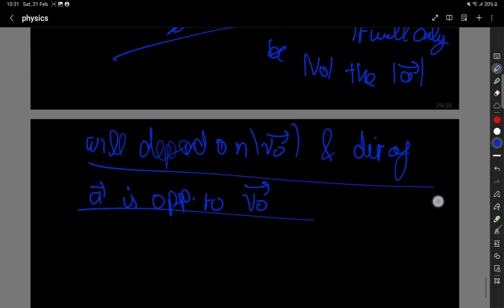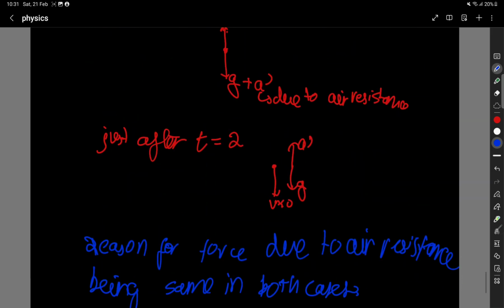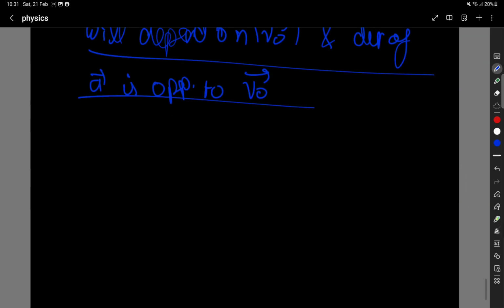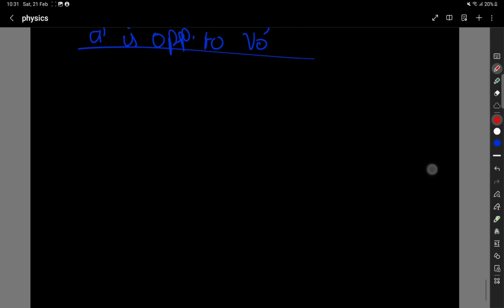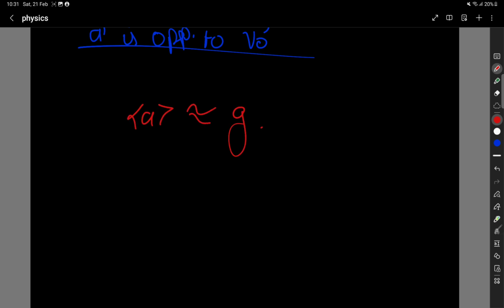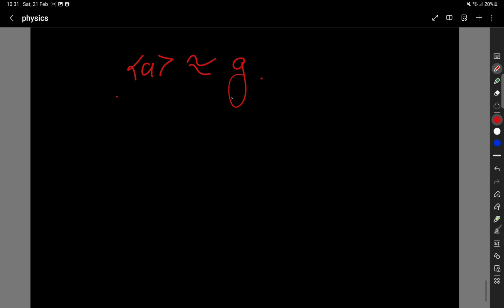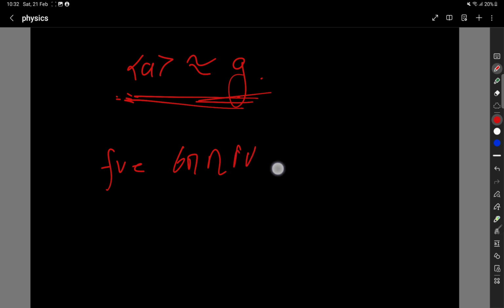So the same thing if we apply here, we can tell effectively the average acceleration will come out very close to g. And another way to think about this is, we have the formula, viscous force is equal to 6 pi eta r v.